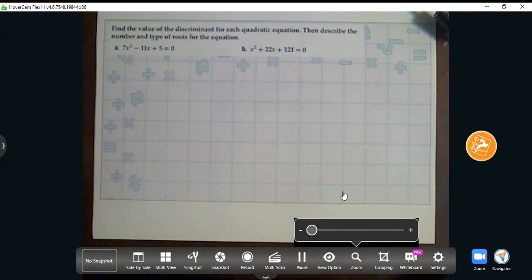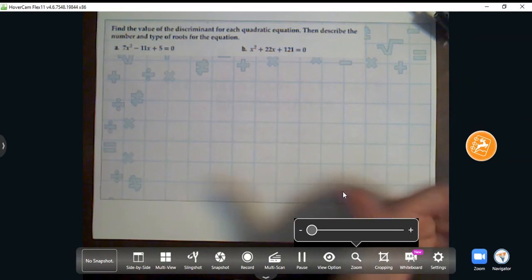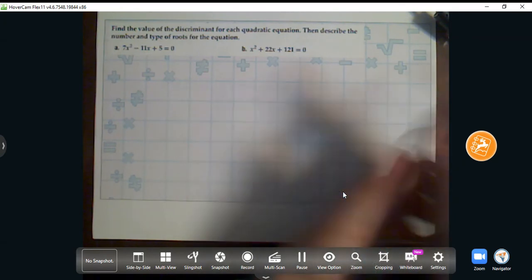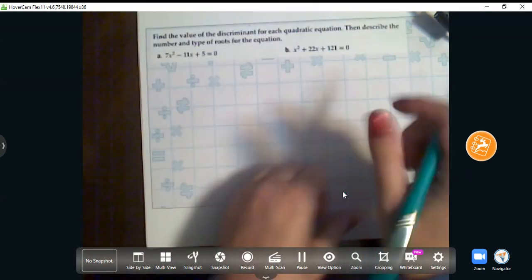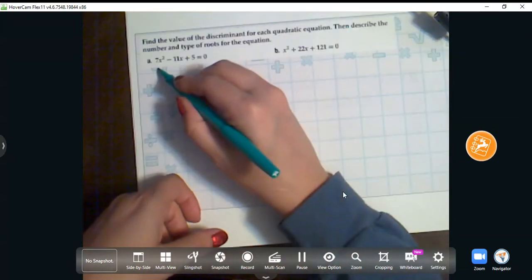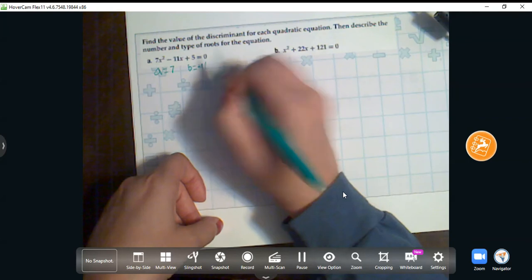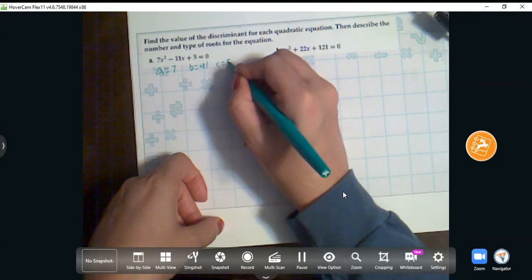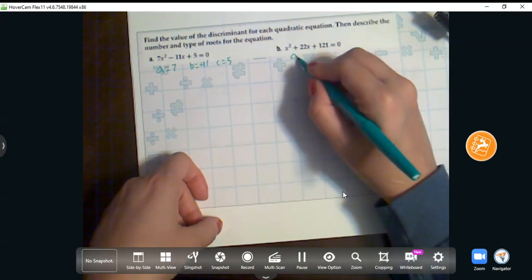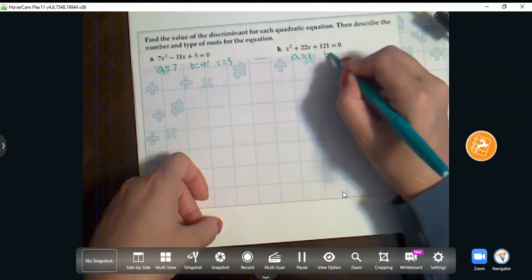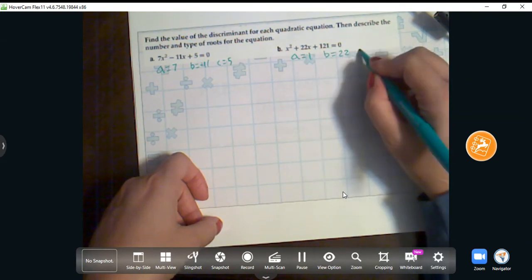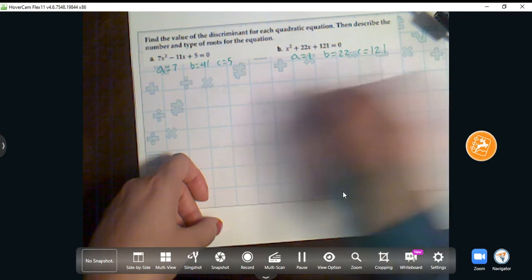Notice that it doesn't even ask us to solve it. The only thing that it asks us to do is to find that discriminant. So again, we have a equals 7, b equals negative 11, and c equals 5. On our second one, we have a equals 1, b equals 22, and c equals 121.